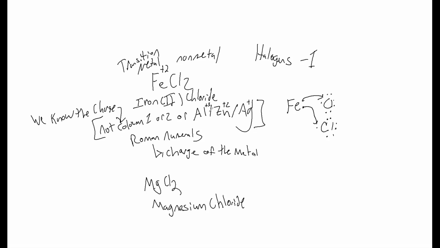But something like iron has a lot of different charges it can take in chemistry. So we have to tell the reader what form of iron we're using. Non-metals never get Roman numerals. The only thing that would ever get a Roman numeral is a metal that's a transition metal.